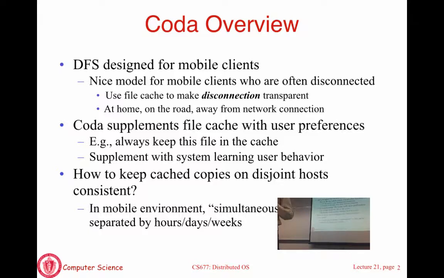So there are two analogies you can think of. One is webmail. You may have Gmail or Yahoo or any of these webmail systems. If you don't have network connectivity, you cannot access your mail. Now, Gmail has a disconnected mode, which I don't know if any of you use, but if you use that, it will cache your files for you. Standard mail clients do this all the time.